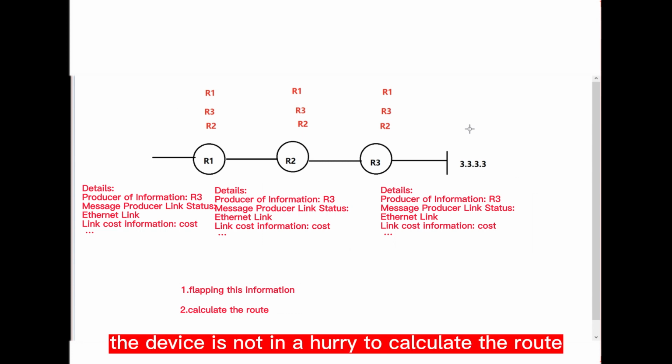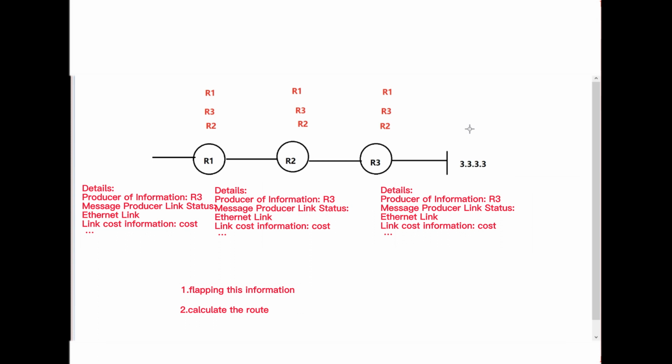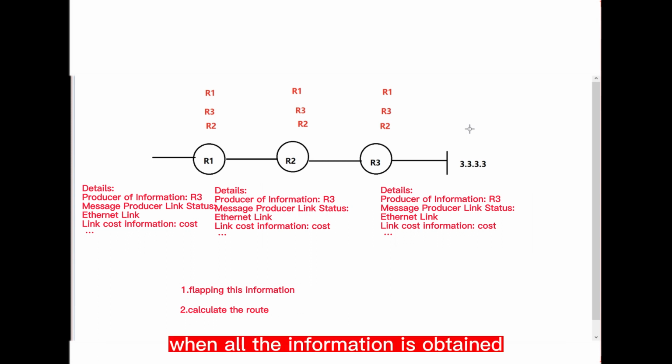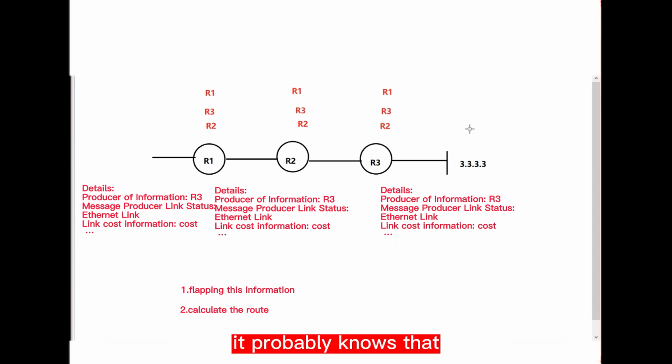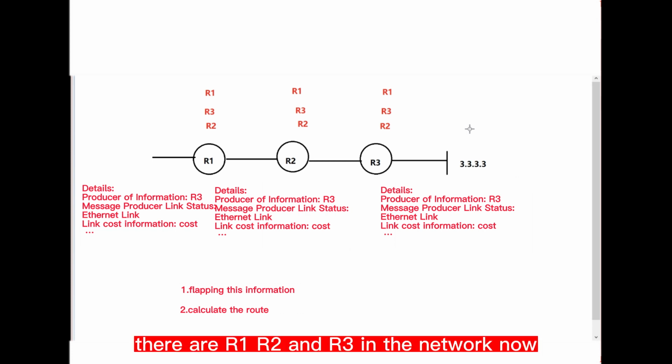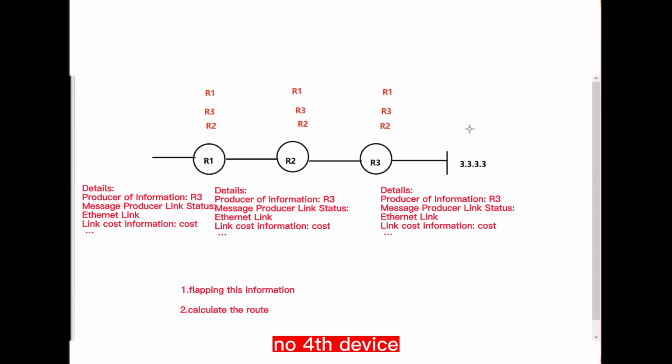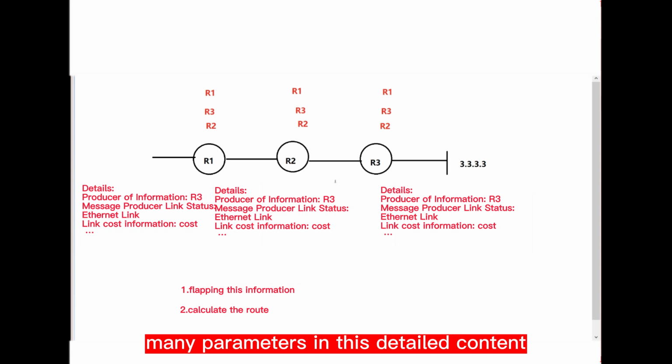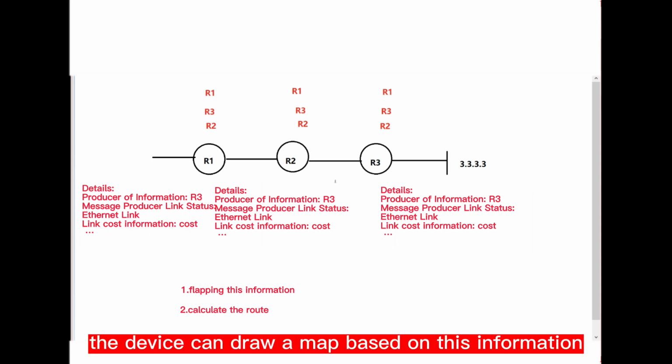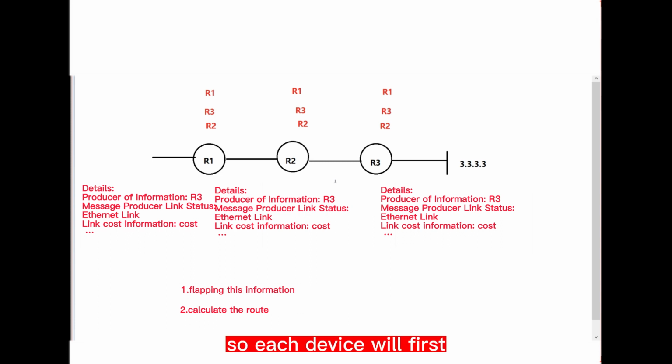The device is not in a hurry to calculate the route. When all the information is obtained, it knows that there are R1, R2, and R3 in the network, and no fourth device. Then it looks at what they posted. Because there are many parameters in this detailed content, the device can draw a map based on this information. So each device will first synchronize all the information.